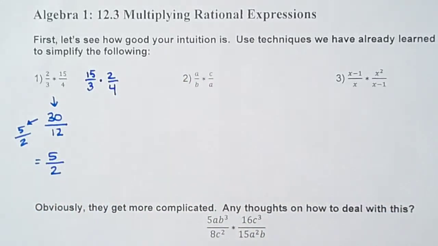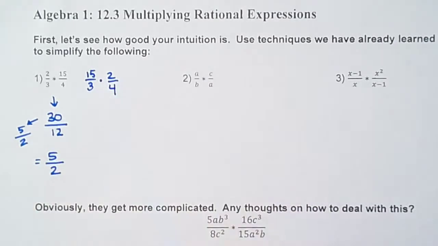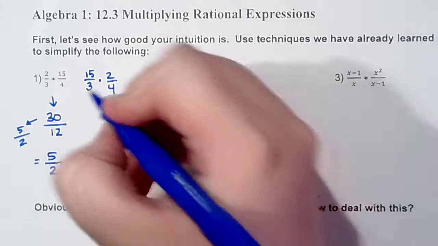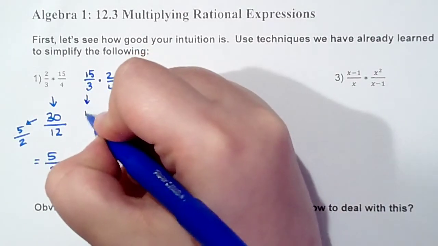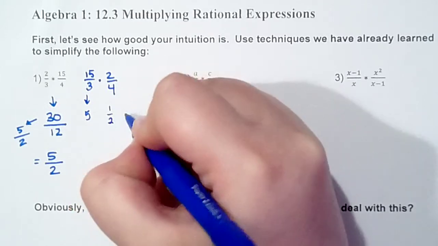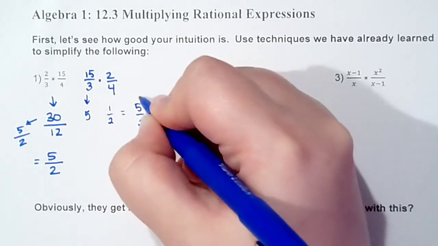Now why would I want to do that? Well, because we're multiplying across the top and the bottom, I'd still get 30 over 12. I haven't changed anything. But by moving things, I can now see that 15 divided by 3 is 5, and 2 divided by 4 is 1/2. I can simplify those a lot faster and say that it's 5/2.